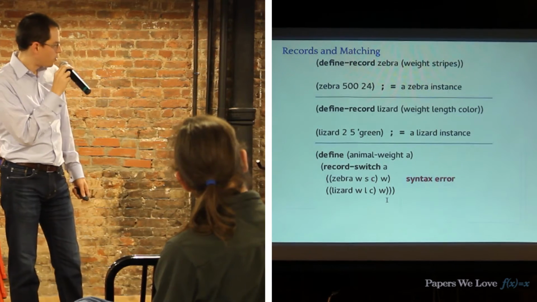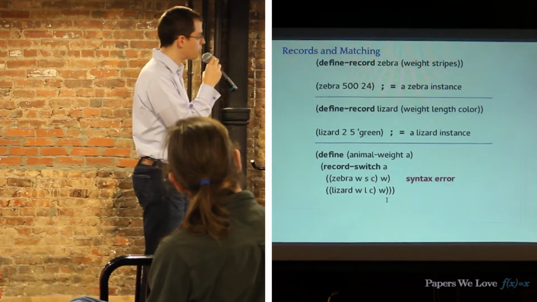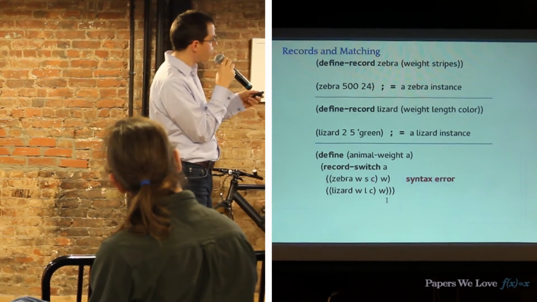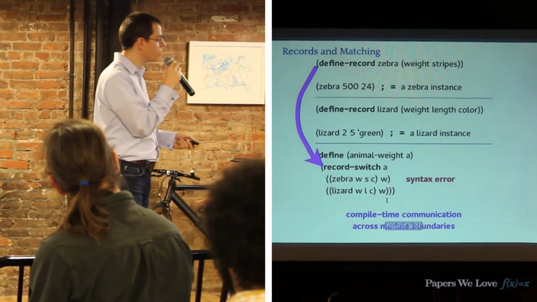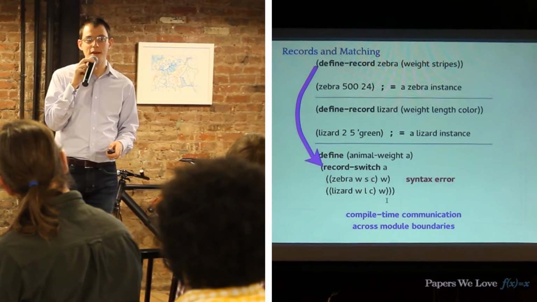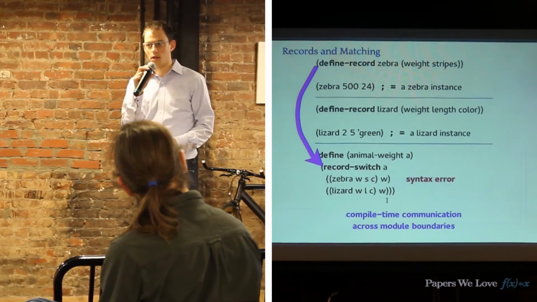We should statically know that we don't have to specify the color of a zebra. So that's something we want to know statically, and that means that static information has to be communicated at compile time from the definition of the zebra record to this record-switch statement.